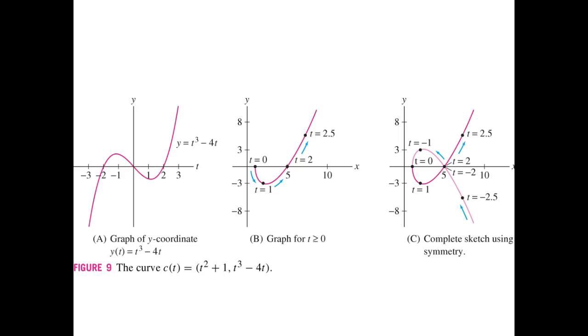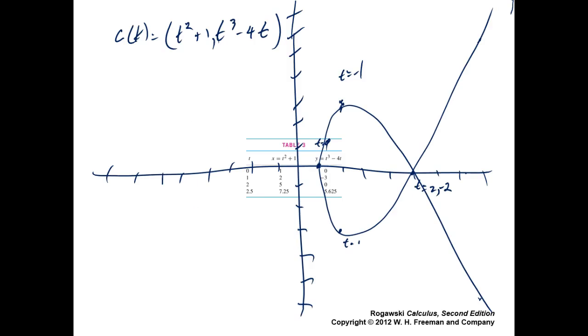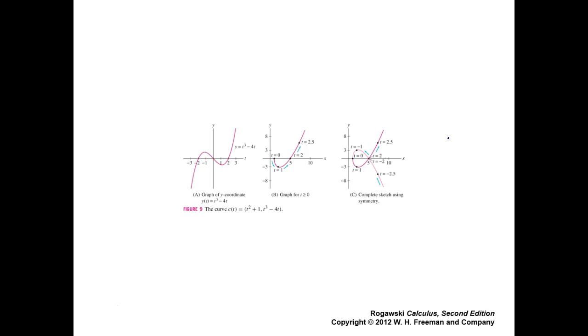Now, what I didn't do when I was drawing mine is I didn't put my arrows in here. Okay? The arrows are coming like this, like that, like that, like this, and like that. And that's what they do show here that I had failed to show.